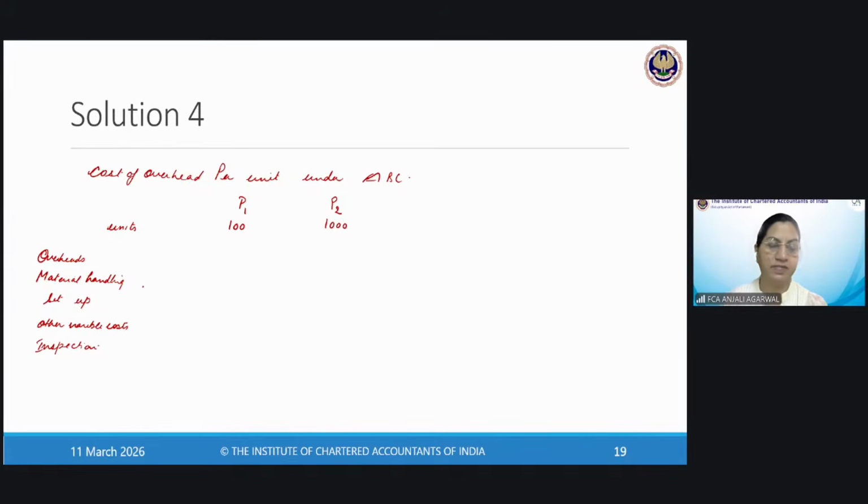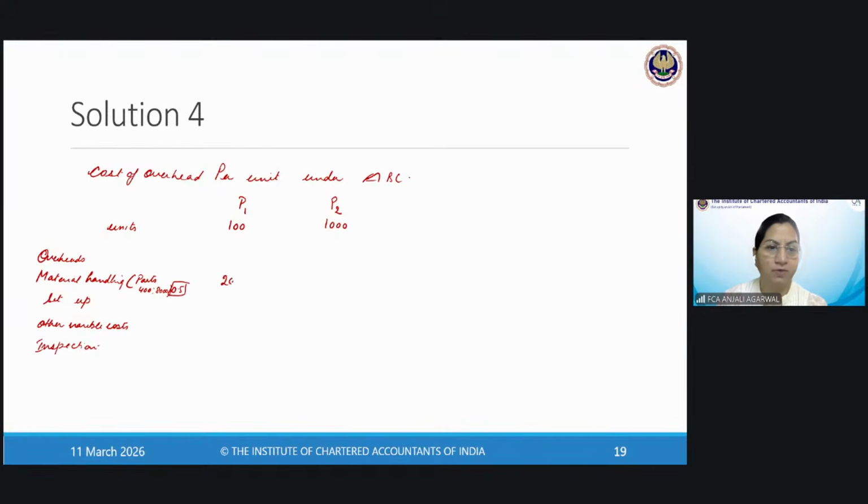So now it becomes very simple from the previous table. How many parts were used? Basis is parts, and parts are used in the ratio of 400 to 8,000. And the cost driver rate was 0.5 rupee per part.